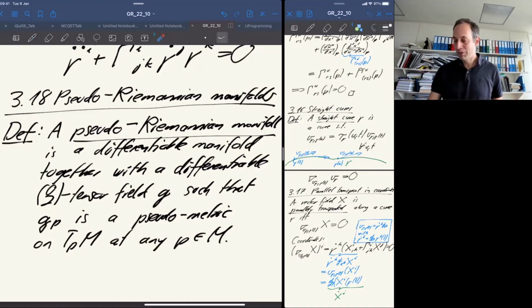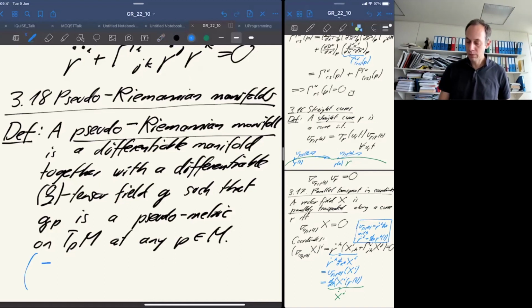It's, of course, as said here, a 0-2 tensor at every point. So it takes two arguments and it's symmetric in the two arguments. So this thing holds, and it's non-degenerate.